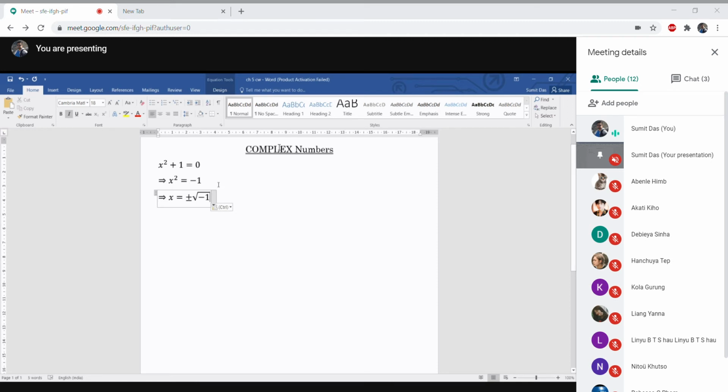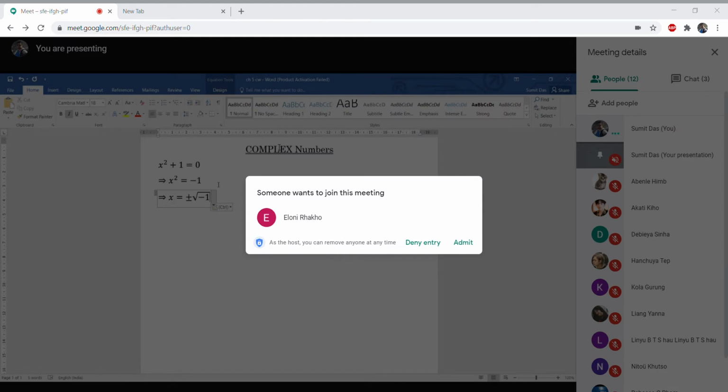Up to this part, x square plus 1 equal to 0. Then I simplify and put x square equal to -1. Then we wrote x equal to plus minus square root of -1.